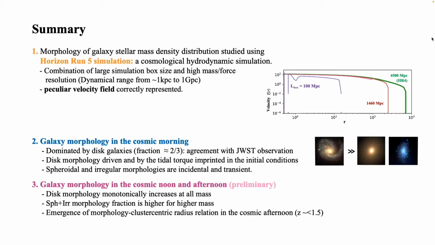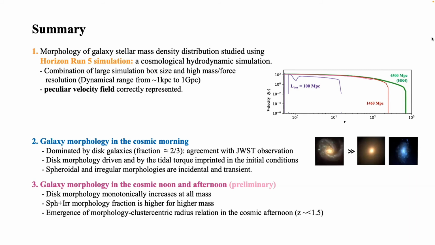In this plot, I'm showing the velocity correlation function as a function of separation when we vary the box size. This is just the analytical calculation. In the case of HL4, which has 4,500 megaparsec, this is the velocity correlation function, so you can consider it almost correct. But if you have a simulation box size of 100 megaparsec, then your velocity correlation function is completely wrong.